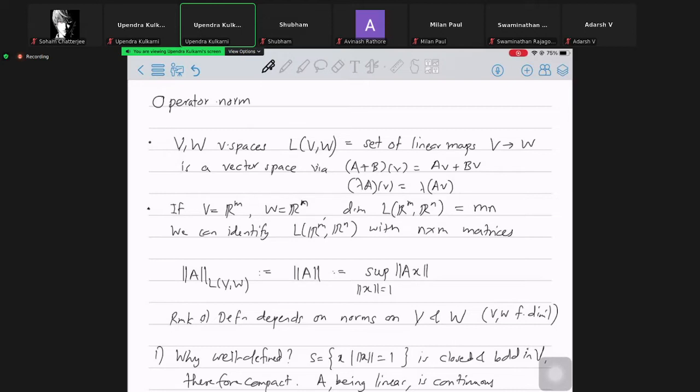Its dimension is the dimension of V times the dimension of W. So this norm is going to be useful for us, but the topology does not really depend on which norm I use.